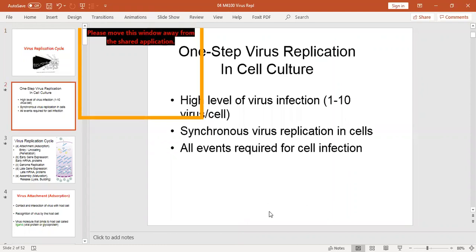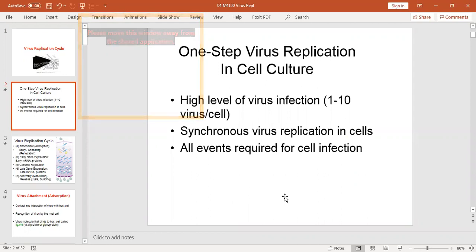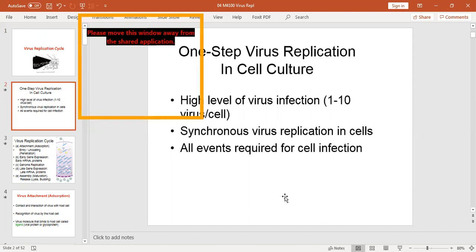Slide number 2. In cell culture, the viral replication, meaning that making more of itself, is a one-step process, and we have a high level of virus infection. 1 to 10 viruses can infect a cell and they undergo replication themselves.